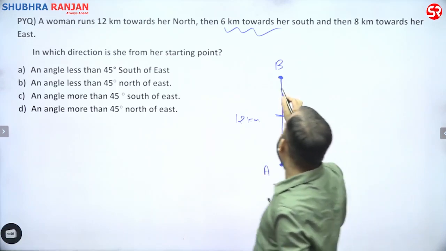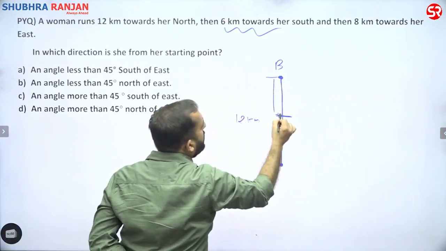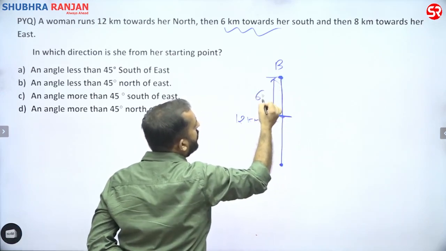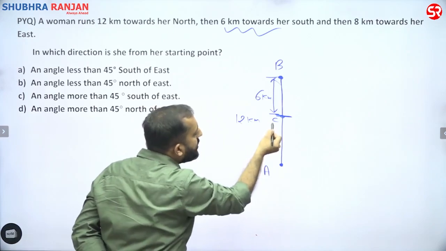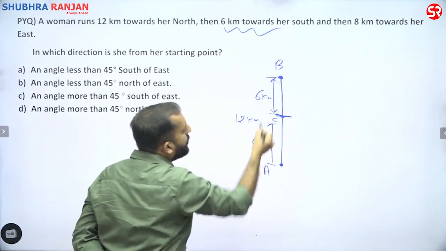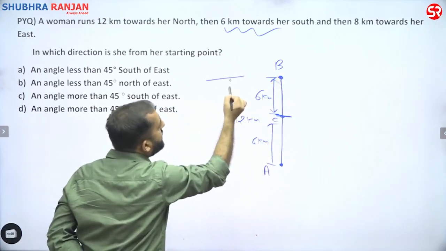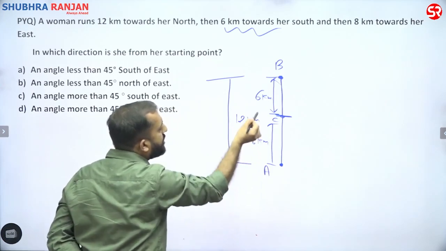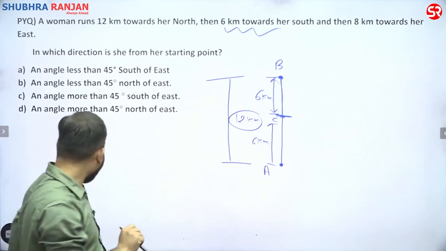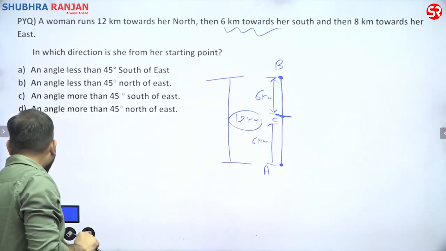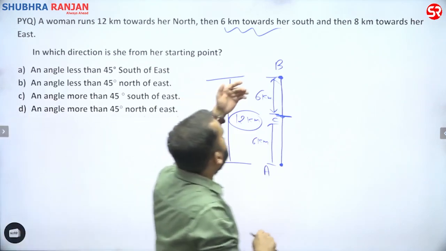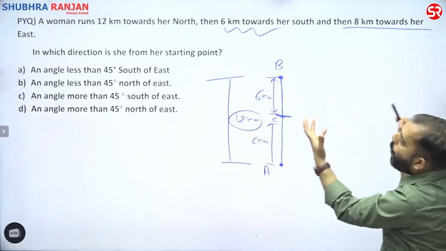So let's say from B point to C point, this is point C and this is 6 kilometer. So from C to A, this distance has to be 6 kilometer, yes or no? Because the total distance from B to A was 12. Agreed? Any doubt here? No. After it, at point C, what has happened? Then 8 kilometer towards her east.